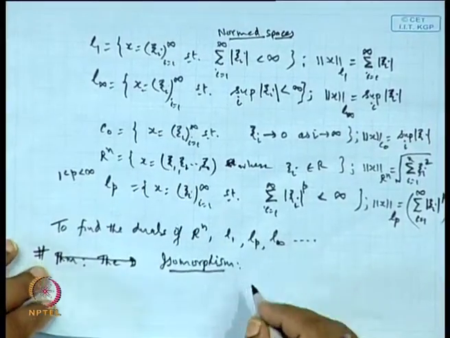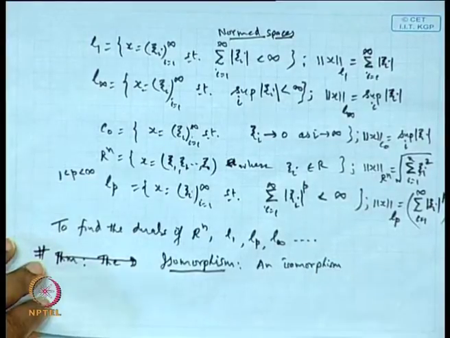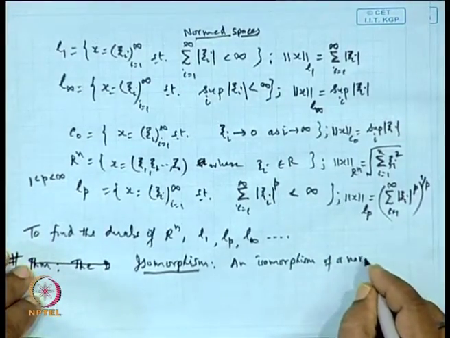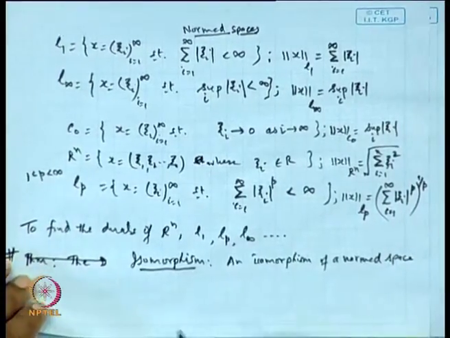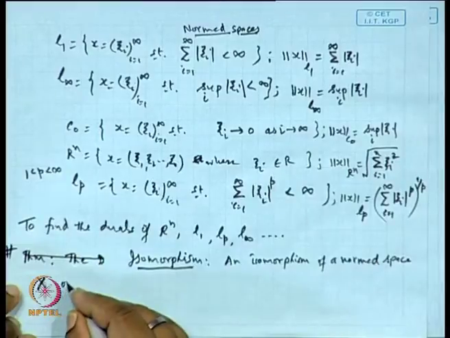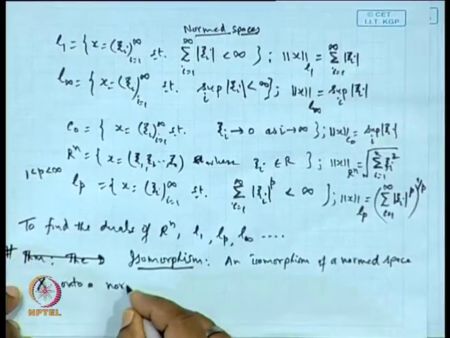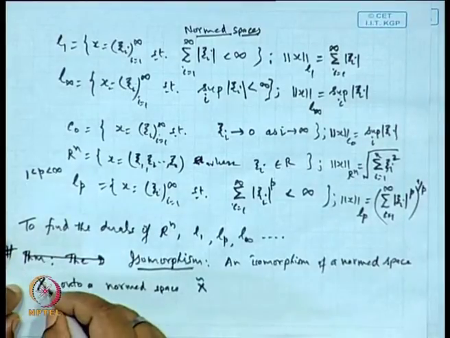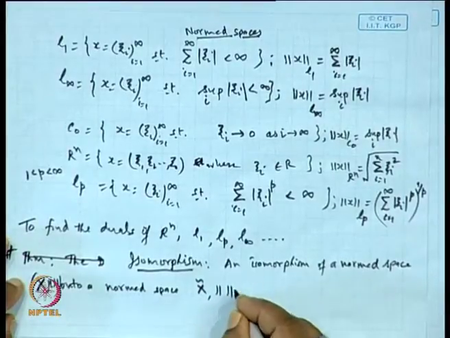An isomorphism of a norm space X onto a norm space X delta, where this is the norm and here the norm is defined as this dash.